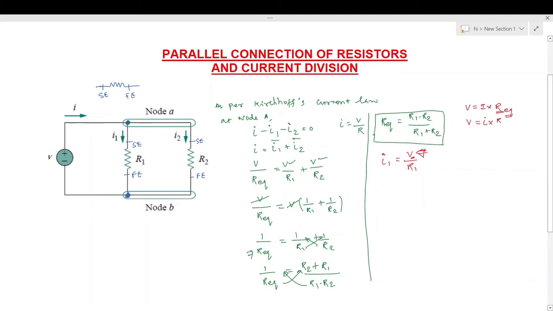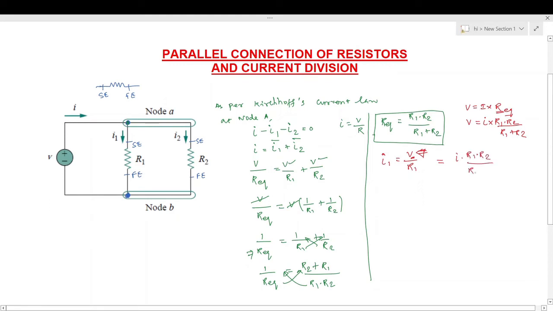We will write here R1 into R2 divided by R1 plus R2. We will apply the value of I into R1 into R2 divided by R1 plus R2 in place of V. So we can rewrite this equation as I into R1 into R2 divided by R1 plus R2 into 1 by R1.